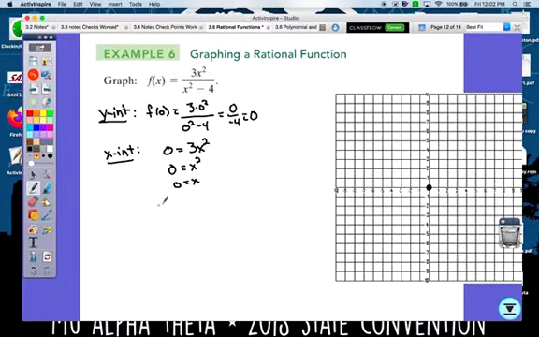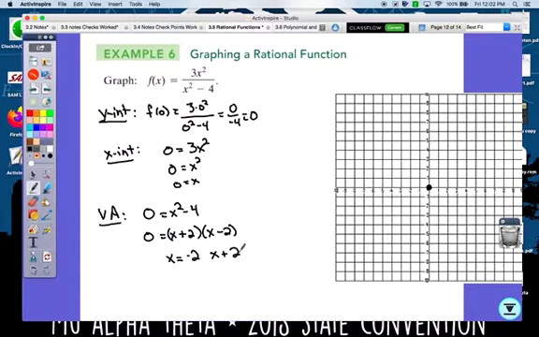For your vertical asymptote, you set the bottom equal to 0. Since it's a difference of two squares, it factors into (x plus 2)(x minus 2). When you set those equal to 0, you have x is equal to negative 2 and x equals positive 2. You have 2 vertical asymptotes.